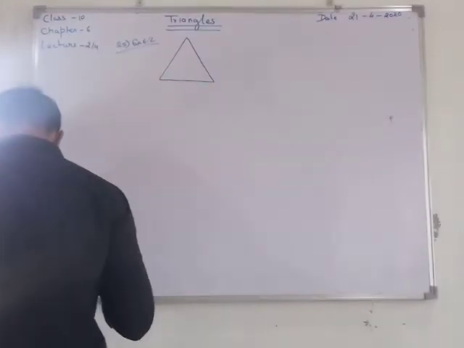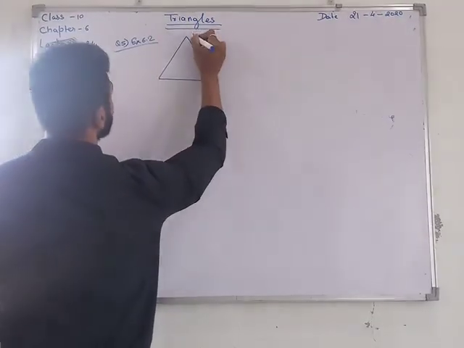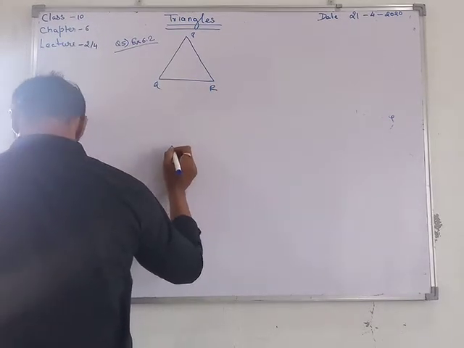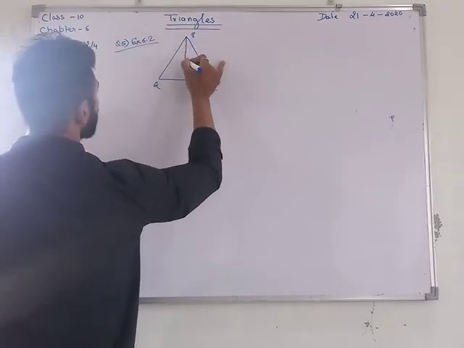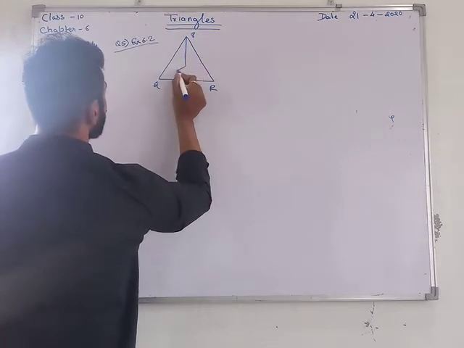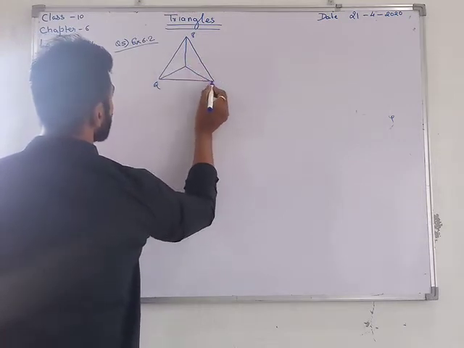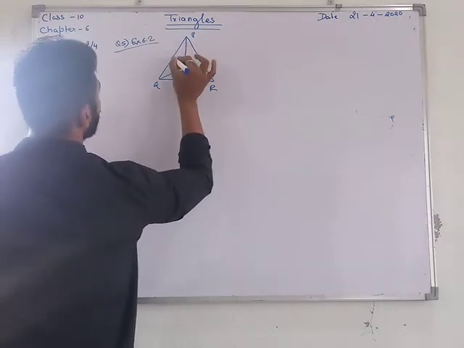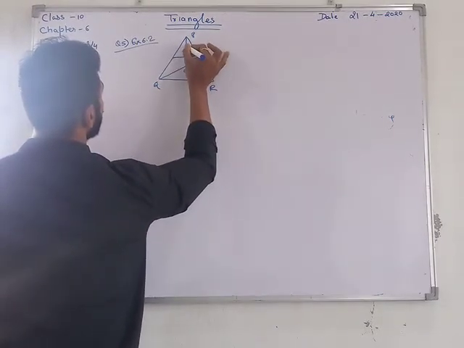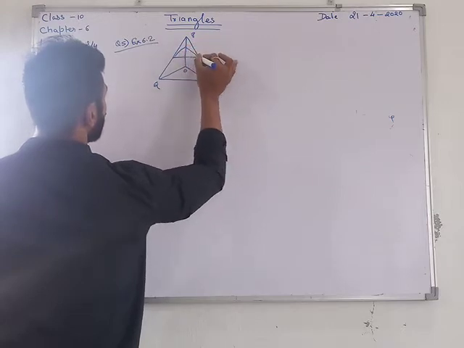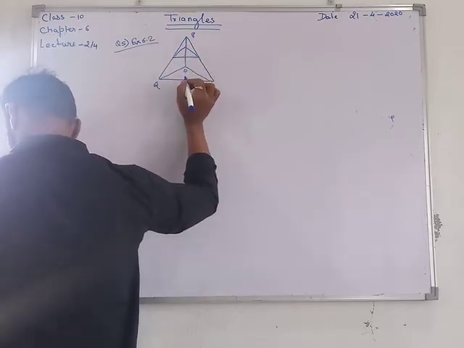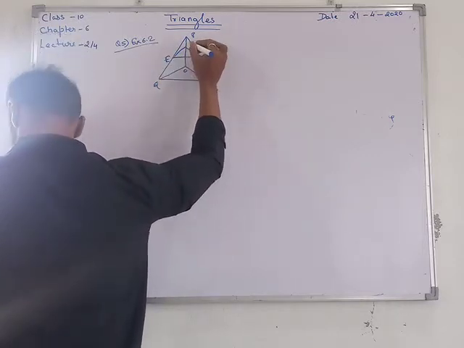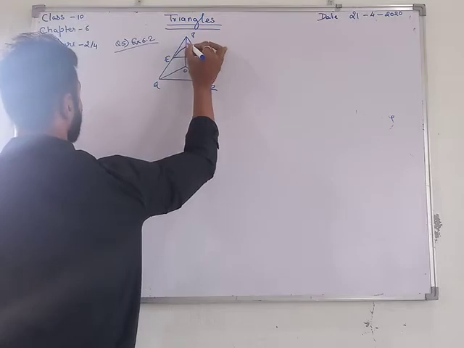We are given with the triangle PQR, and here we are having O, E, F, and here we are having D.